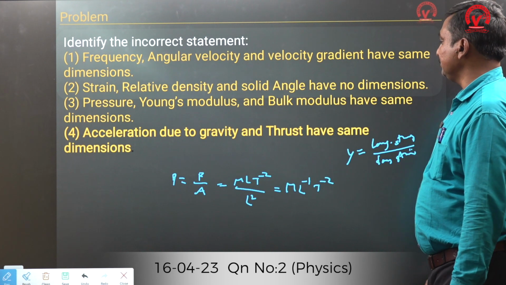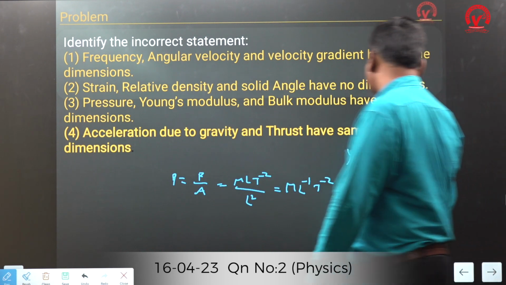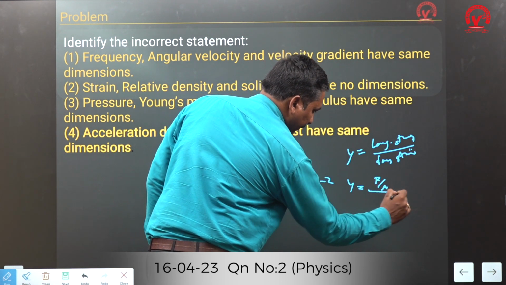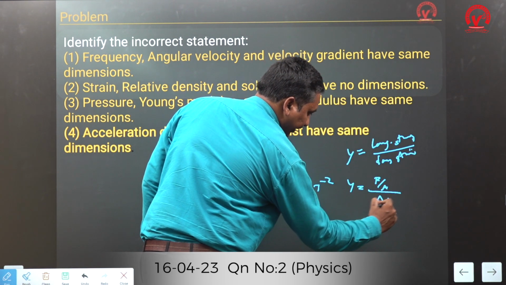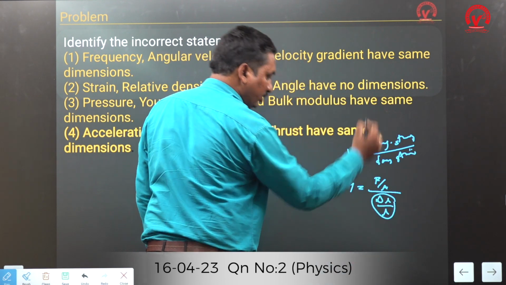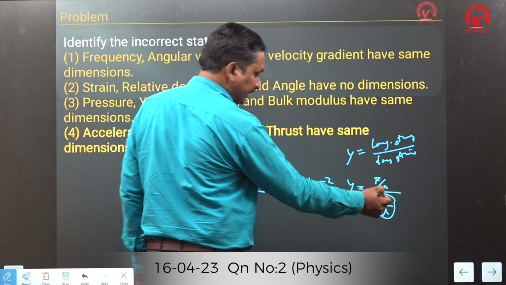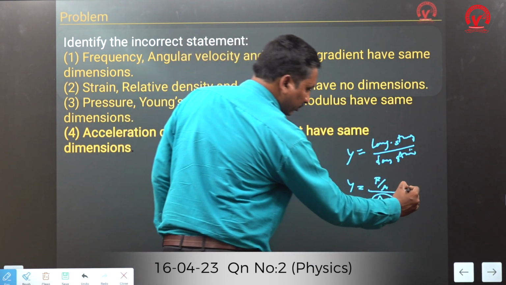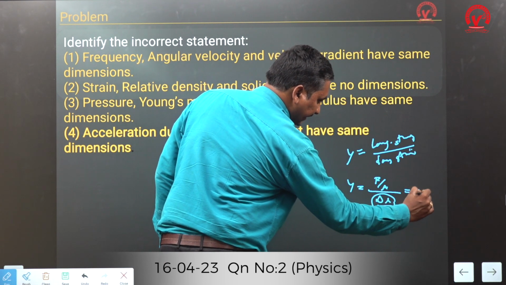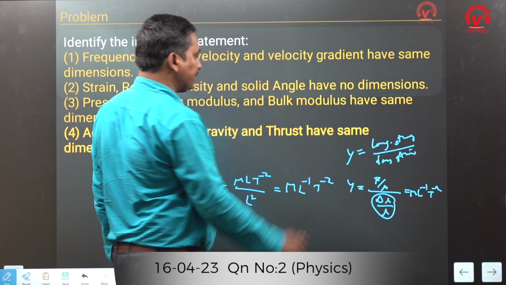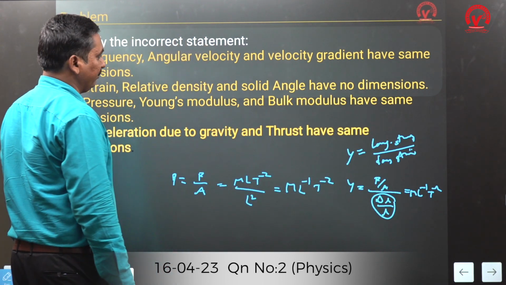So Y is equal to F by A by delta L by L. So here also we are getting the same relation. The dimensional formula is M L power minus 1 T power minus 2. So Young's modulus also has the same dimensional formula.